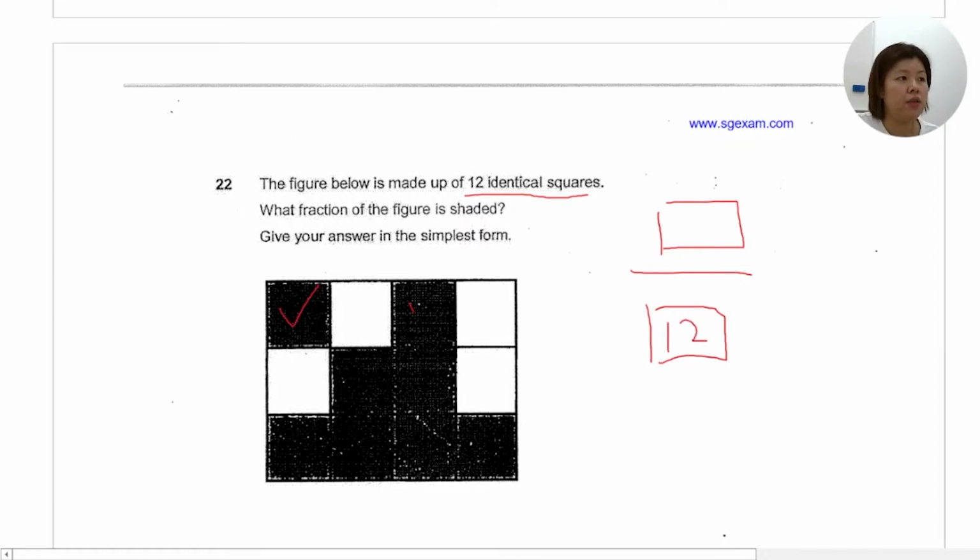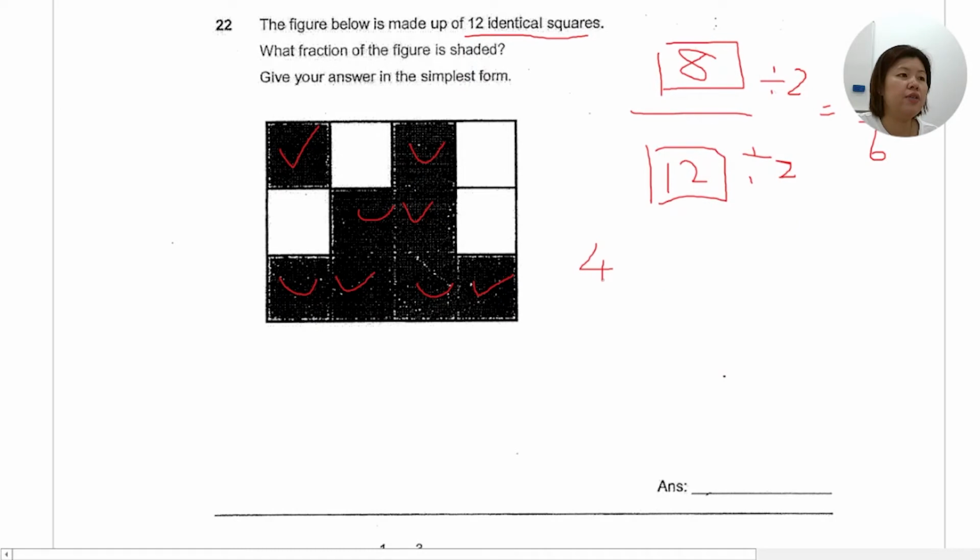So 1, 2, 3, 4, 5, 6, 7, 8. But they want it in simplest form, so I divide by 2, divide by 2, equals to 4 over 6. I can still divide, so 4 over 6, divide by 2 again, equals to 2/3.